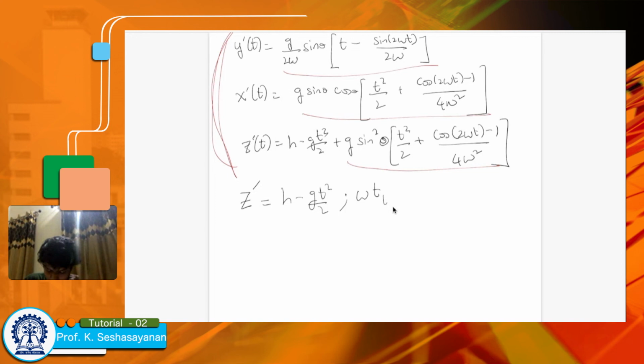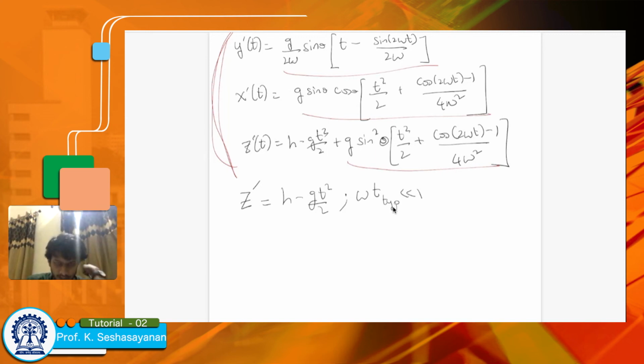For this, we take the approximation that the typical time scale for the object to fall from a height h is much shorter than the time scale of the rotation of the Earth. So the time taken by the body to fall to the ground is much less than 1 day. That is quite normal, because if you have an object at a few tens of kilometers, it will definitely fall much faster than a day.